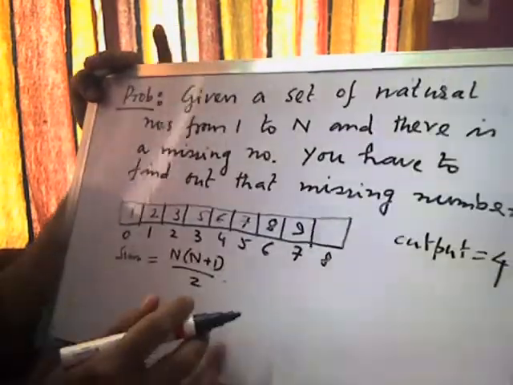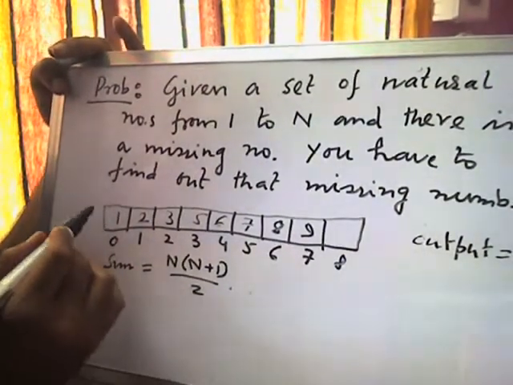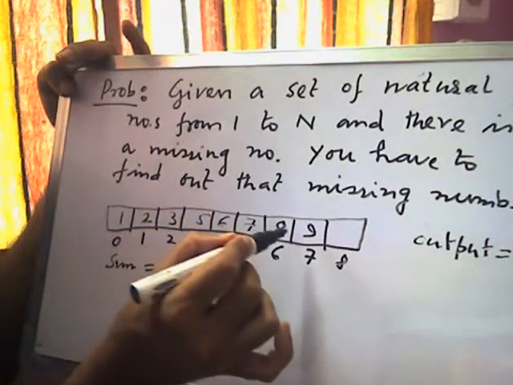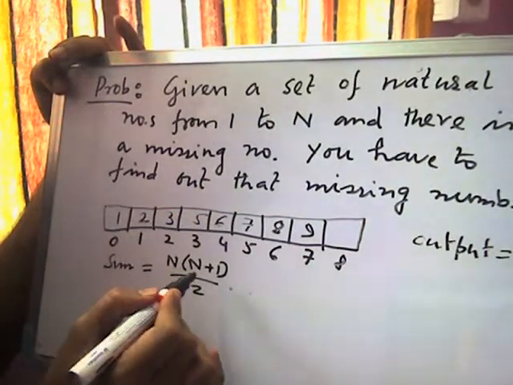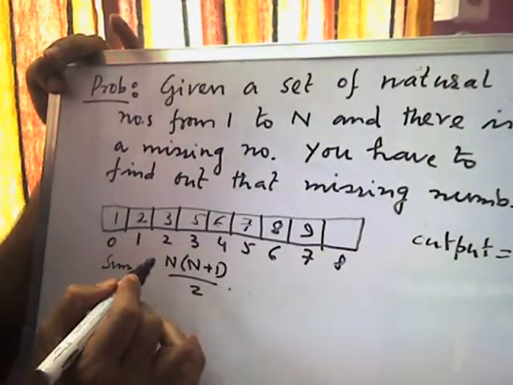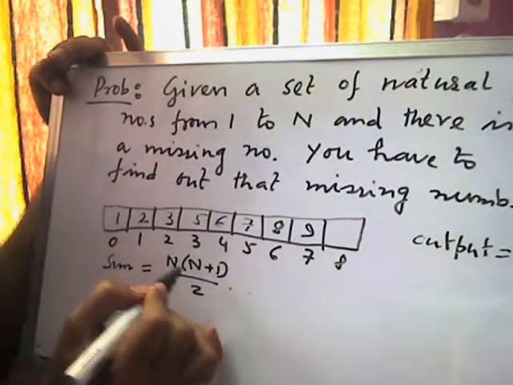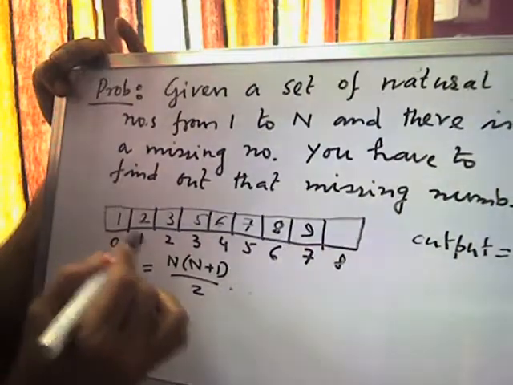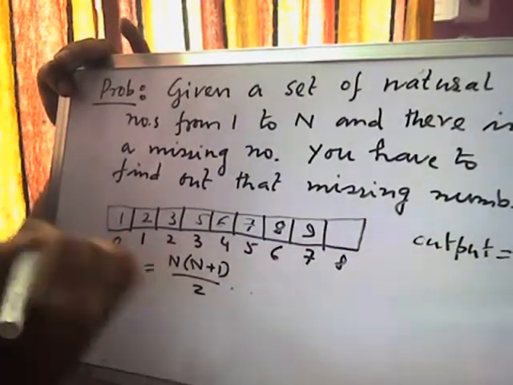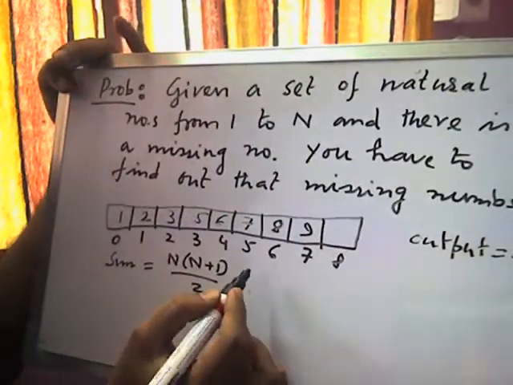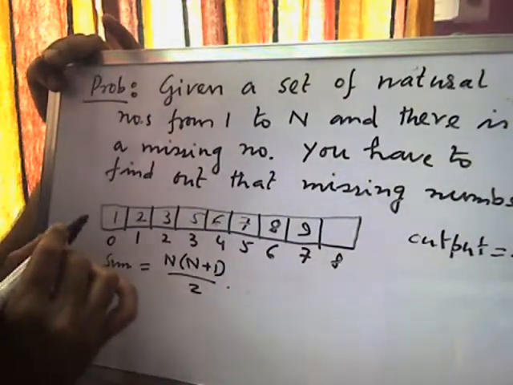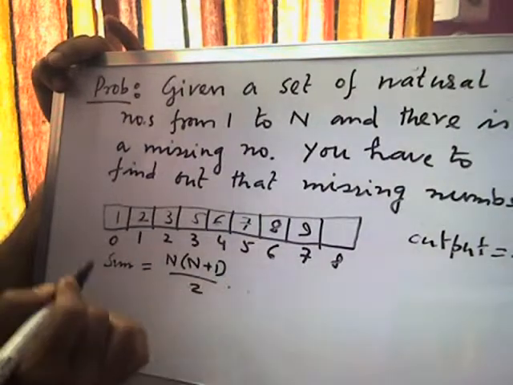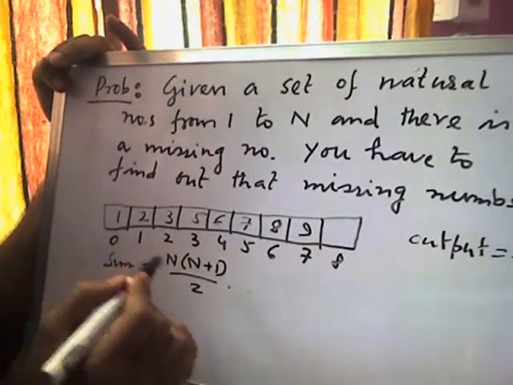Then make a for loop and subtract all the numbers in the given array from this sum: sum minus a0, sum minus a1, sum minus a2, and every time it is updated. That means sum is equal to sum minus ai, in a for loop from i equal to 0 to n minus 2.